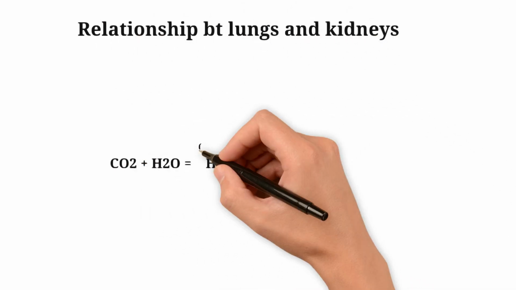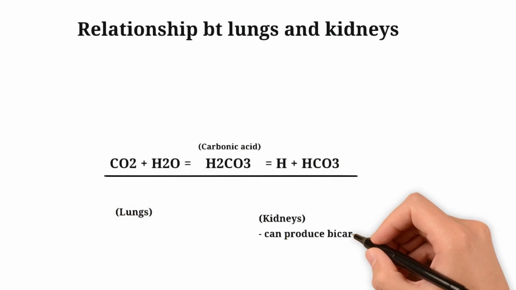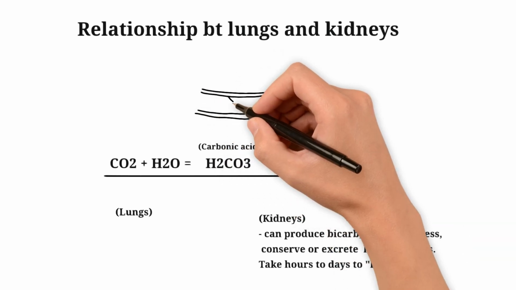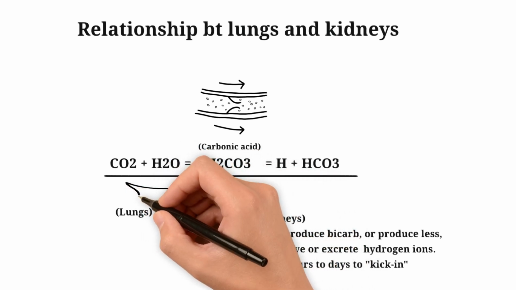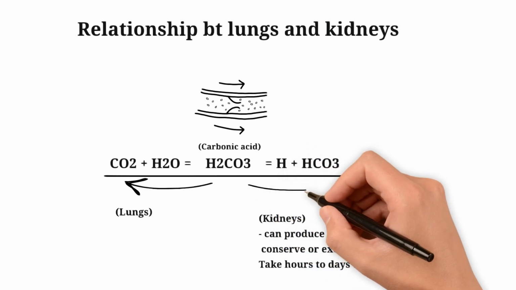Now, looking at this formula, it looks complicated, but really helps us understand our blood gas results. We have CO2 plus water combines to form carbonic acid, which can be broken down into hydrogen and bicarbonate. The left is the lungs, the right side is the kidney. So we've got carbonic acid in the blood, and we're getting too acidotic, too many hydrogen ions. The carbonic acid can break down into CO2 and water, and we can blow the CO2 off.